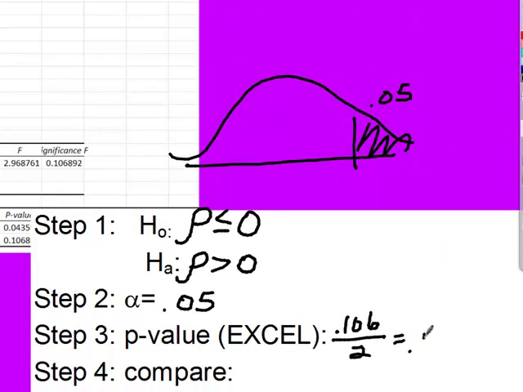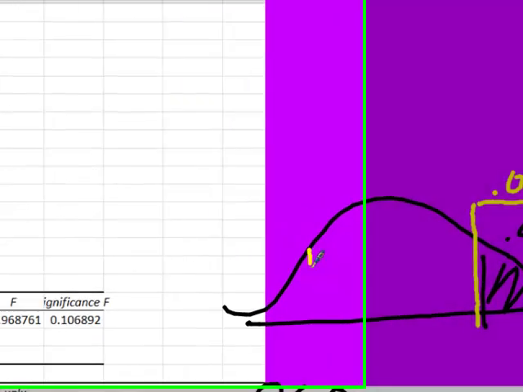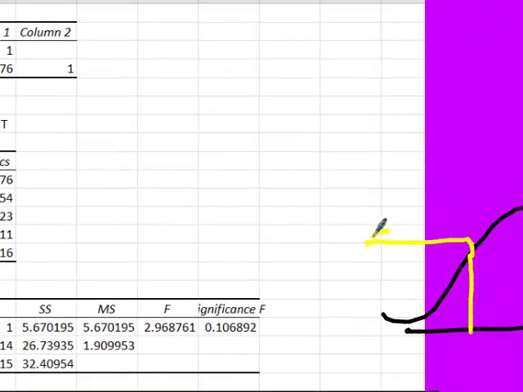So 0.053 would go in each half. 0.053 would be from the calculated value, the t statistic, backwards. And it would also be the same over here. 0.053 to the left. Why?